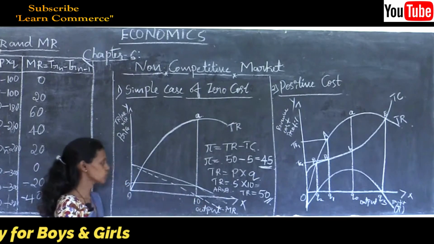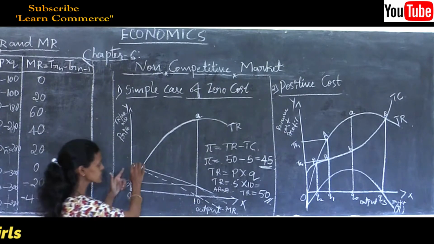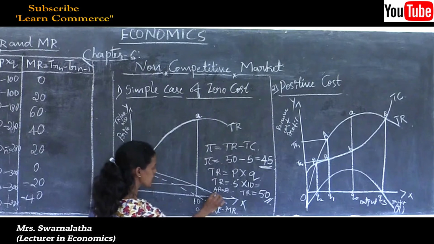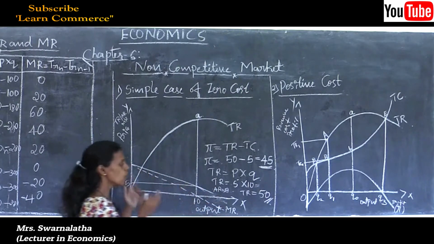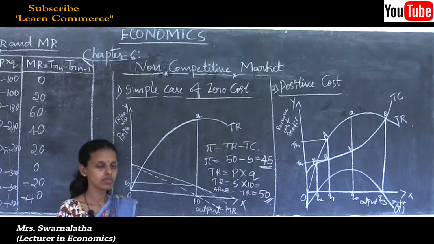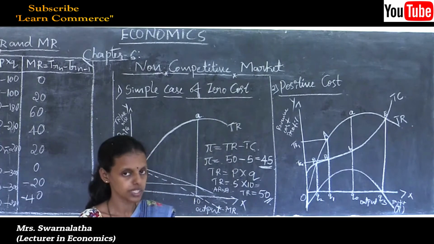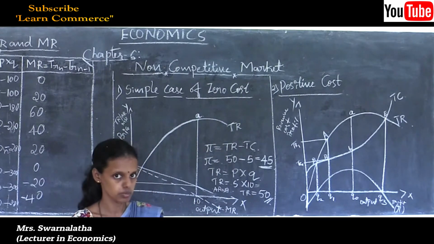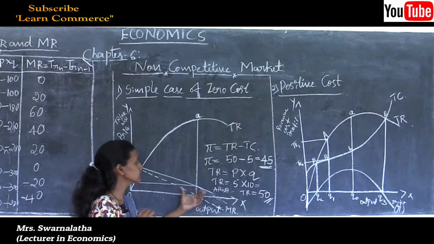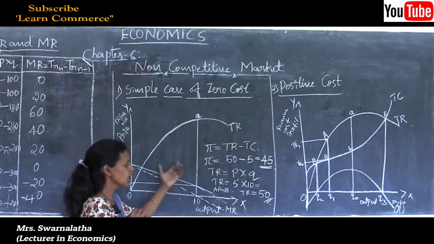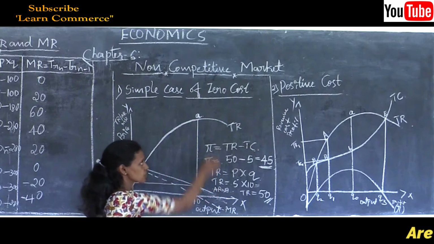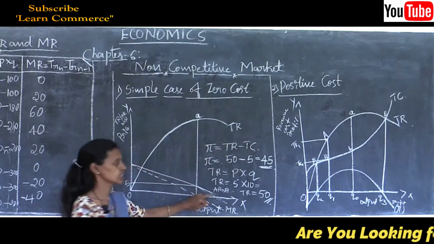Why does this average revenue curve lie above the OX axis? What it shows is that average revenue is total revenue divided by total output, TR by Q, as we studied in the formula. So here, when the total revenue is maximum, the average revenue curve lies below the total revenue curve.